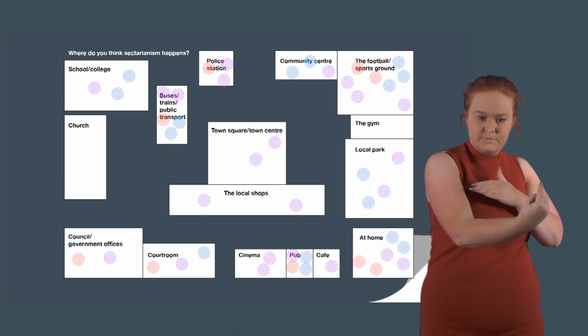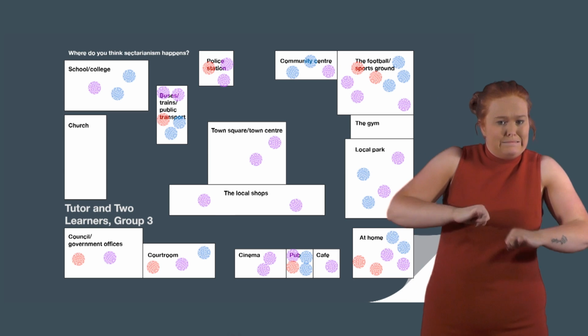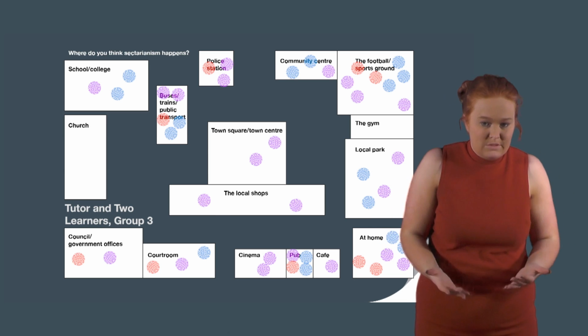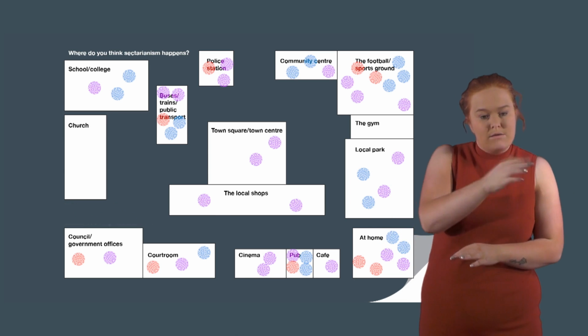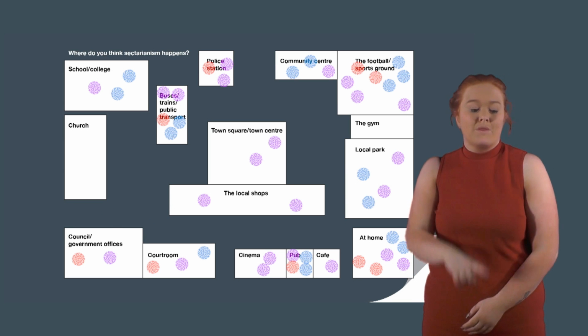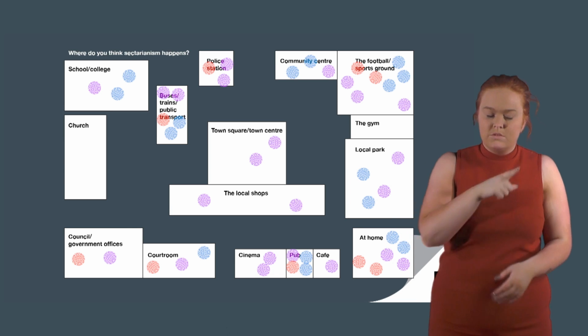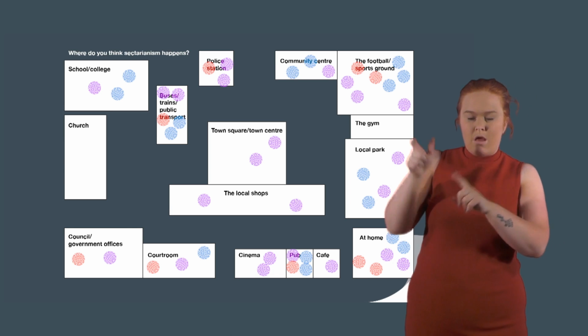This final pair of maps is again from a completely different group of learners and tutors from a completely different area in the country. When you look at the first map, you'll see again there are a lot of dots on here, and initially it's possible to think the same thing has happened. The learners are copying what the tutor has written.